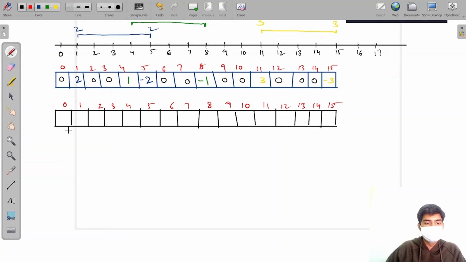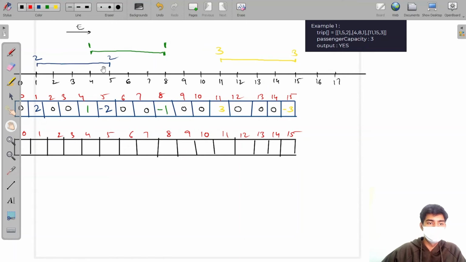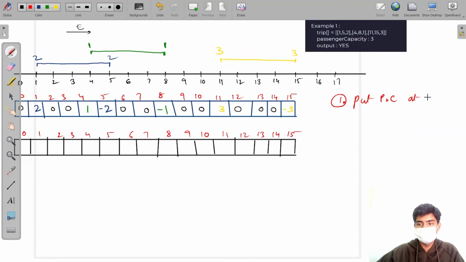Let's write the steps as well. What was my first step? My first step was to put passenger count at the starting pickup location, and minus passenger count at the drop off location.